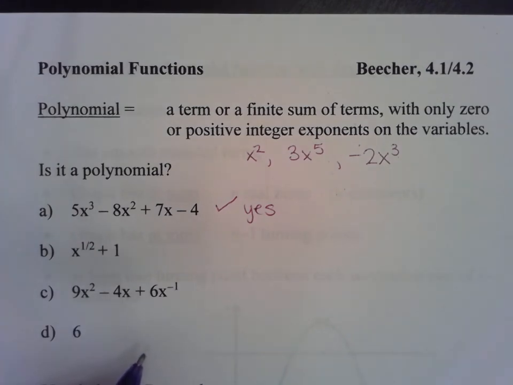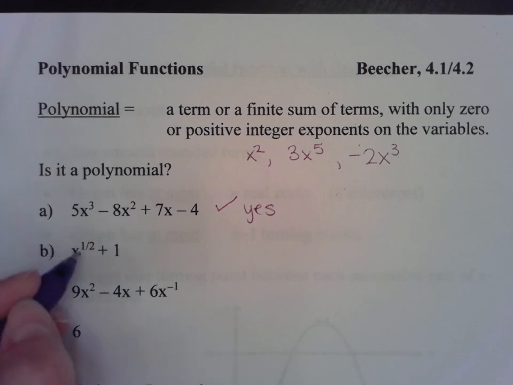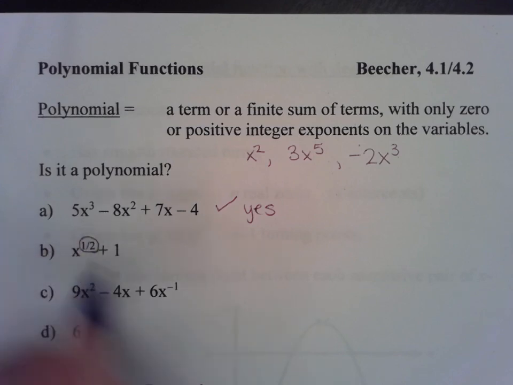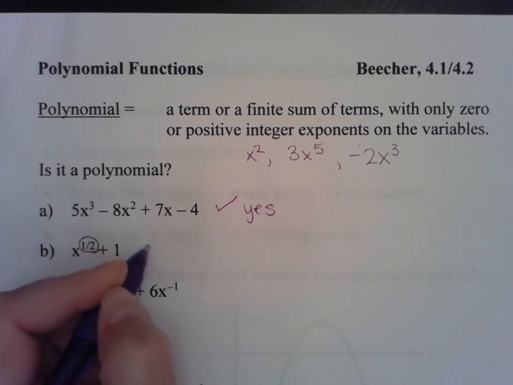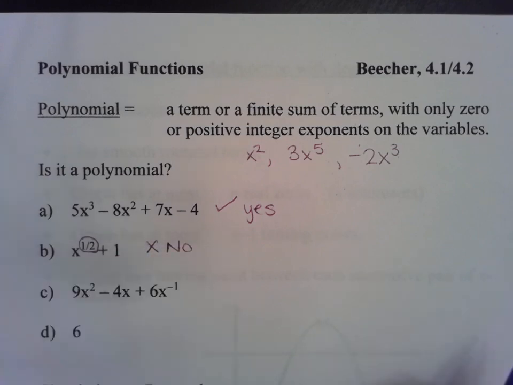What about B? We need to have integer exponents. An integer would be a whole number, a positive or negative whole number. So this would be a no, and the reason is because we cannot have an exponent of 1/2.